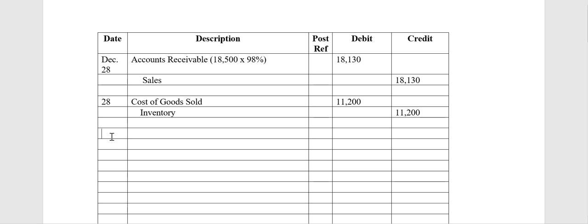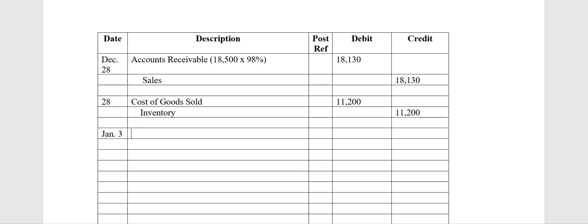They then wanted us to journalize the entry on January 3rd for the return that the customer had made. And they said that the return is gross value of $4,000. Again, we did offer them a 2% discount. And then that inventory had originally cost us as the company $2,350. So every time there's a return made to us by a customer, we need to have 2 journal entries.